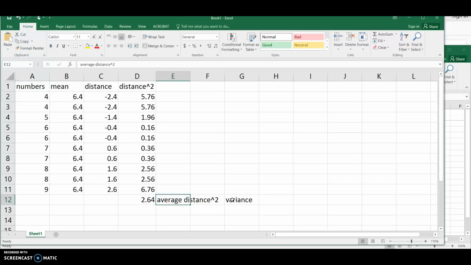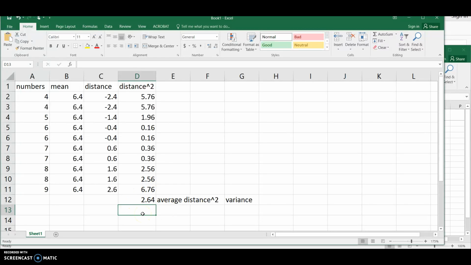Well, if we wanted to find our average distance, and this is just our average distance squared, you want to think about how we could take that and find just the average distance. Well, since that's squared, how do you undo a squared? Oh, I take a square root.